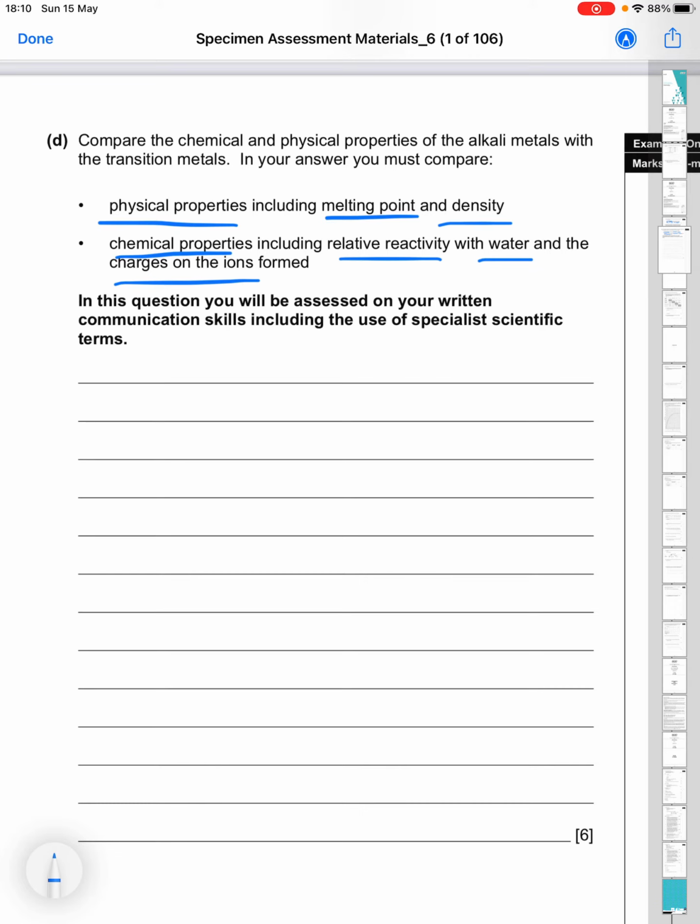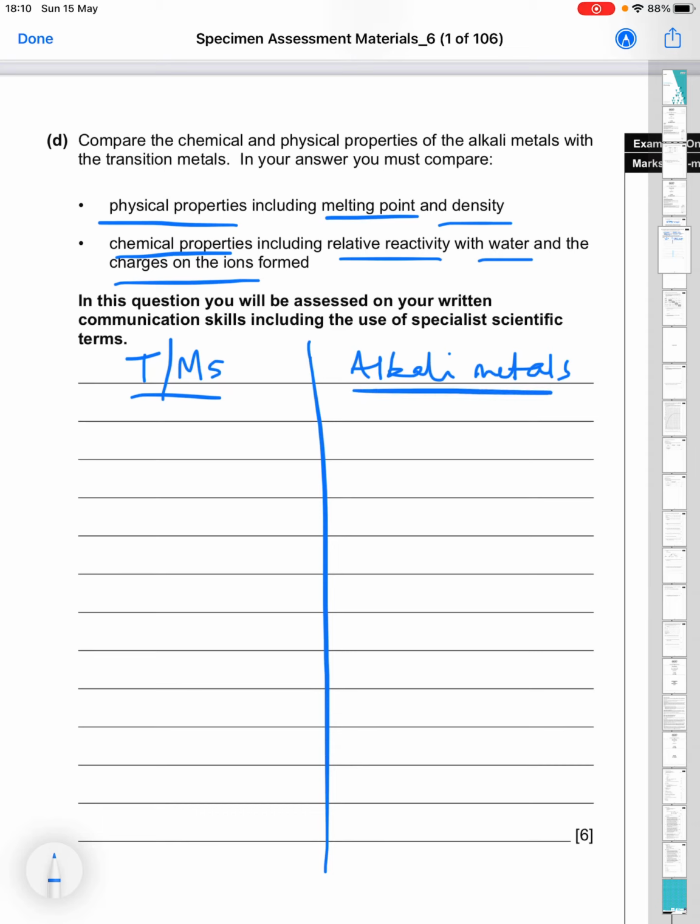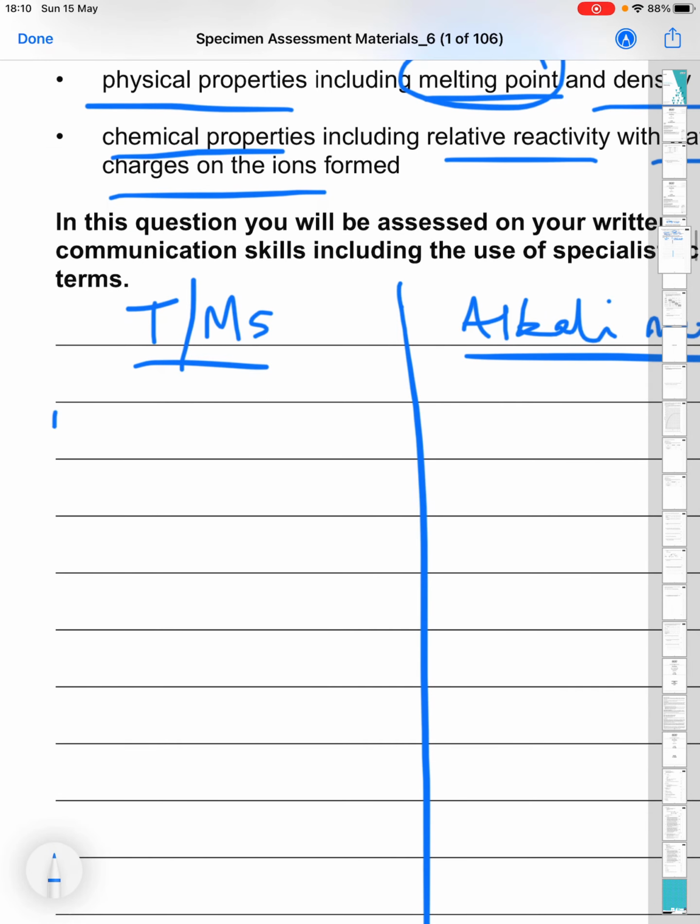I'm going to do it just as a table because it's clearer to see when I'm doing it this way. So the transition metals and then the alkali metals. I'm going to start with the first property, which is melting point. For the transition metals, it's a high melting point.